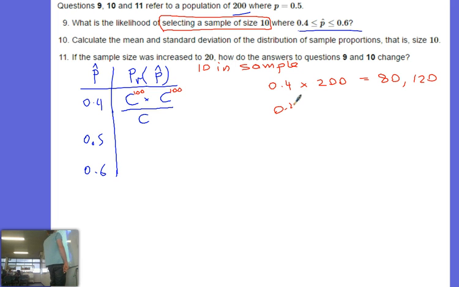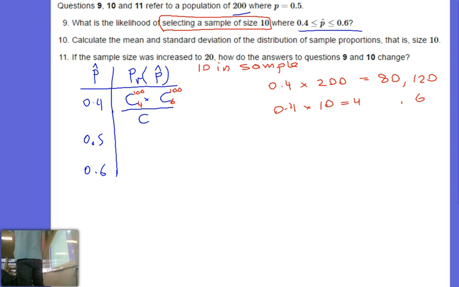So 0.4 of 10 is 4. Yep. And 6. So the bottom numbers here have to be the amounts coming from the sample. So for a 0.4, we've got 4 of them, and 6 from the other.